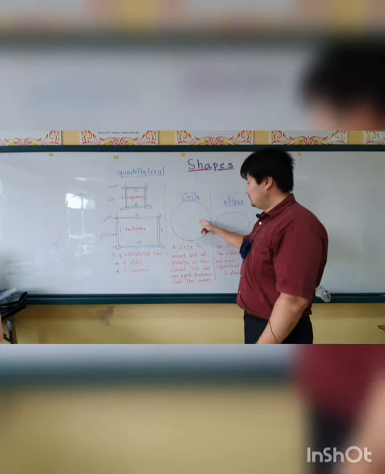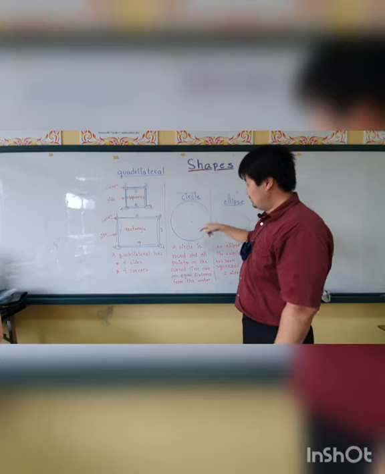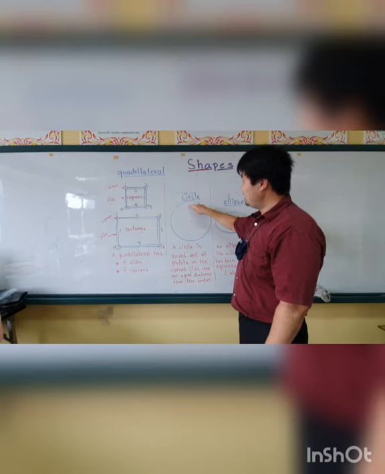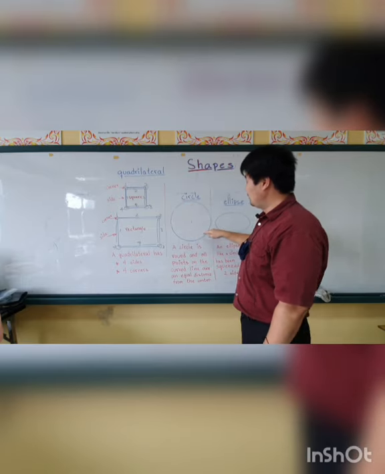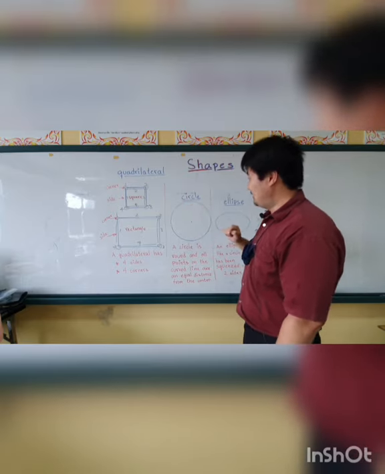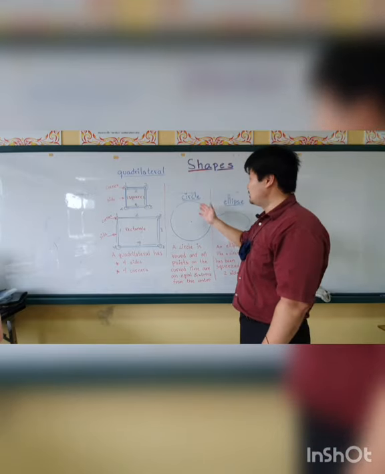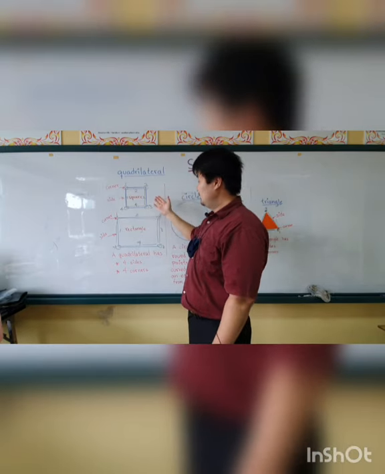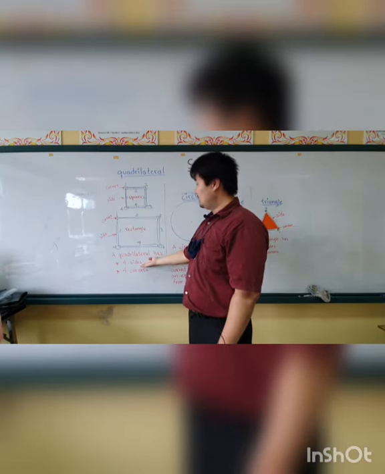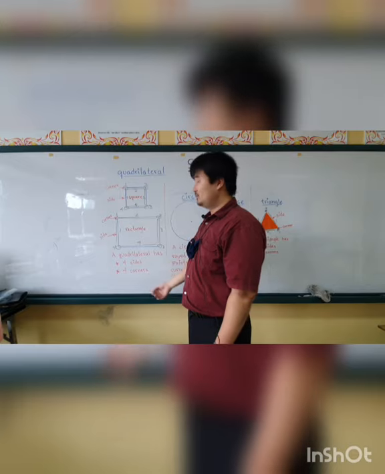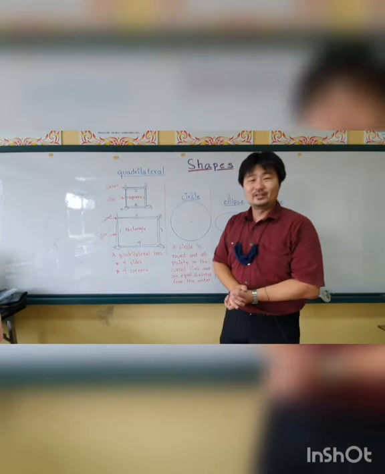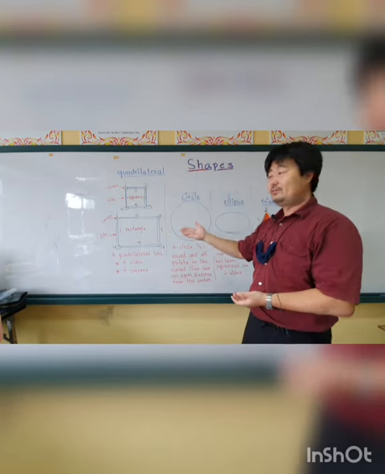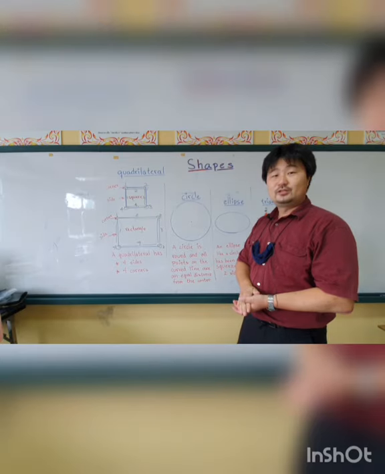The circle is round and all the points are an equal distance from the center. But easy to just remember, a circle is round. And the quadrilateral is defined by having 4 sides and 4 corners. Okay? Good. So if anything, remember the definition of these 4 shapes.